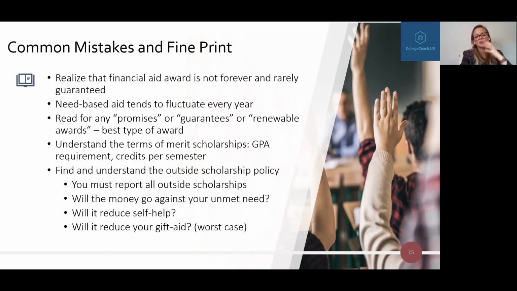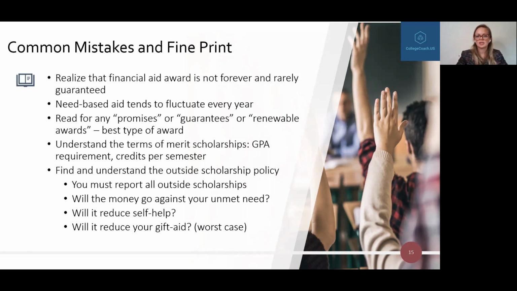If nothing else, you will at least have this. A lot of merit awards, again, since this is a recruiting tool and colleges use that to attract students, they guarantee merit for 3 or 4 or 5 years. But they also have some terms that you need to be aware of to make sure that you get to keep that aid. And that brings me to the next point.